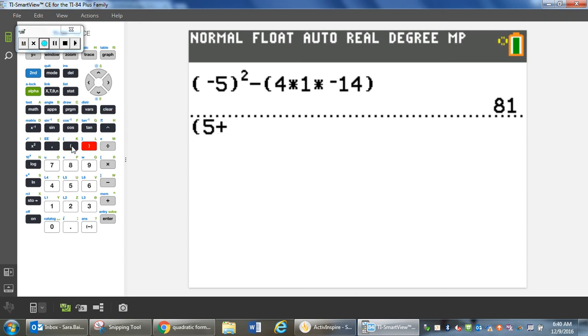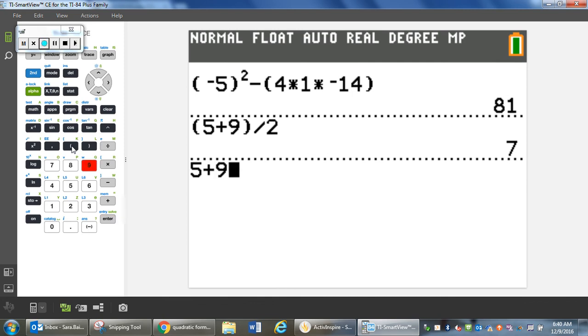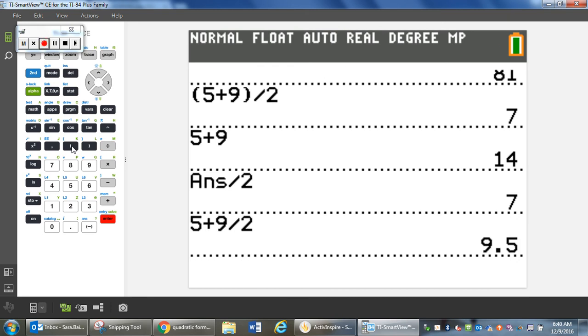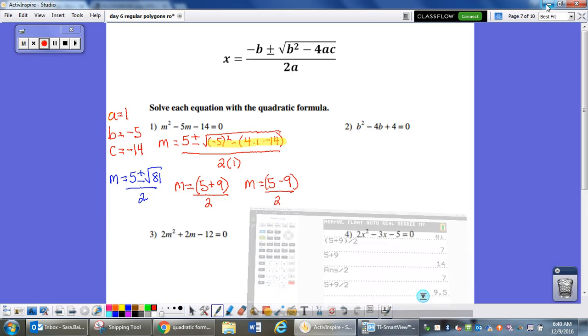5 plus 9 divided by 2. Or 5 plus 9, enter, divided by 2. So 7 is one of our answers. Do not do it like this: 5 plus 9 divided by 2. See? Don't do it. Either do it in 2 steps or use the parentheses.